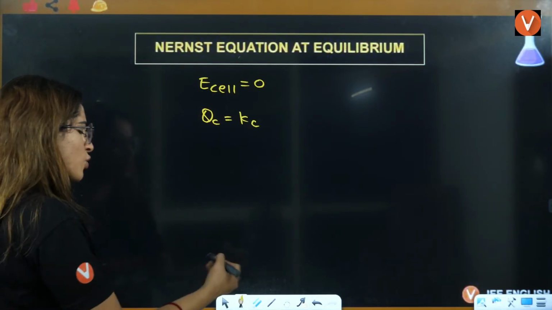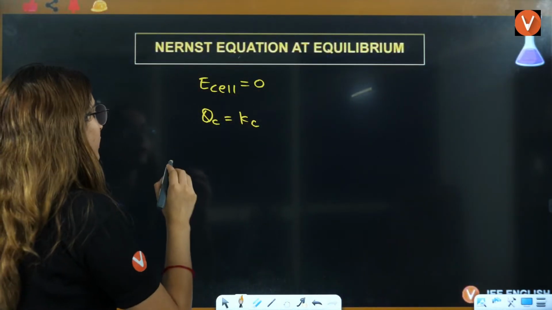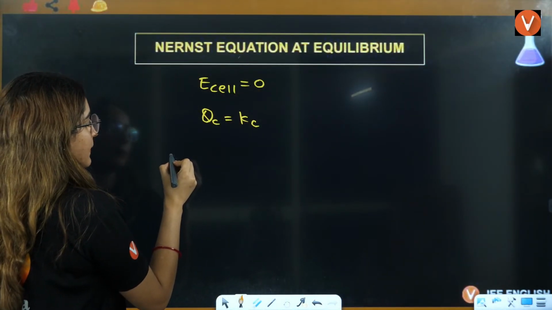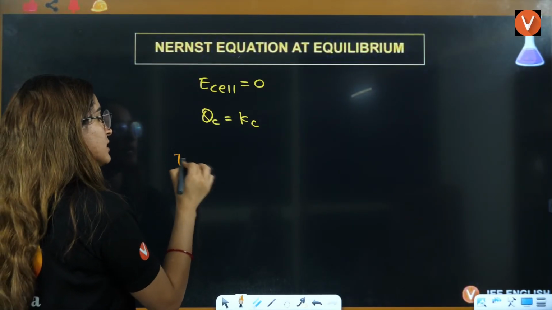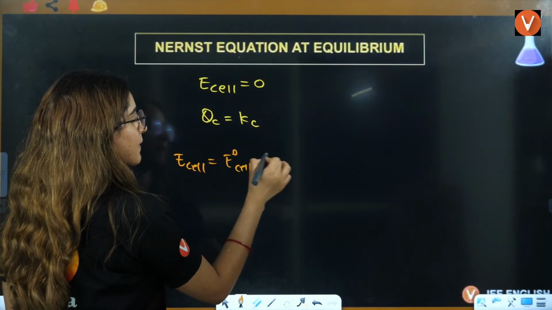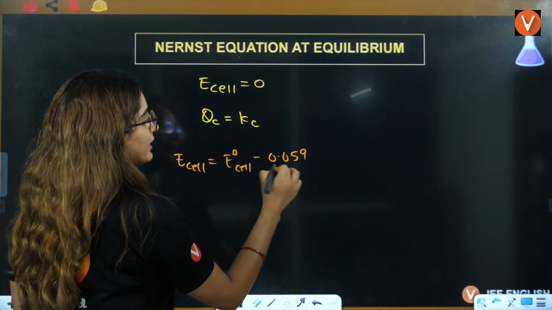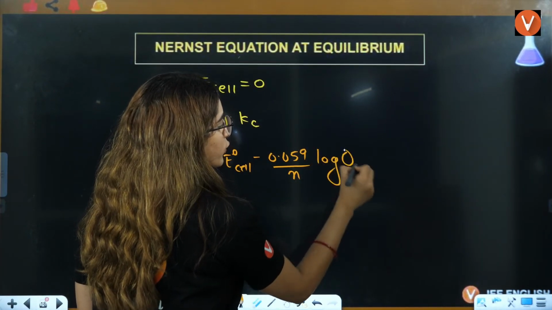There are so many other things that happen at equilibrium. That's why one of the relations is this relation, that is, E cell is equal to E naught cell minus 0.059 divided by n log of QC.